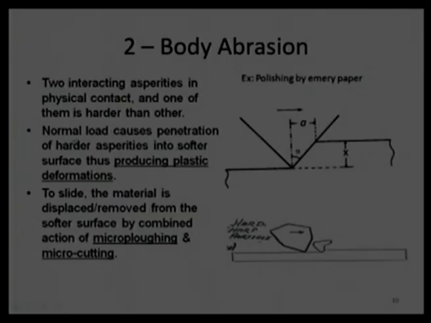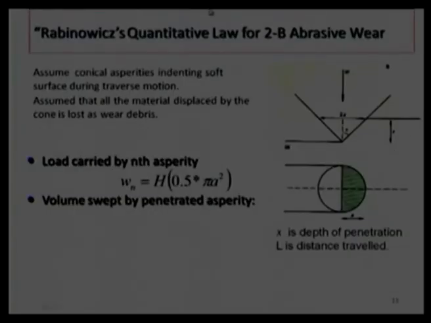We say that normal load causes penetration, which has been explained, and it is causing plastic deformation. In actuality, there will be elastic deformation also. We are assuming 100% plastic deformation, and there will be micro cutting and micro plowing, but we are assuming all micro cutting, with complete detachment of that material from the surface. In this case, we assume the radius is a, that means diameter will be 2a.